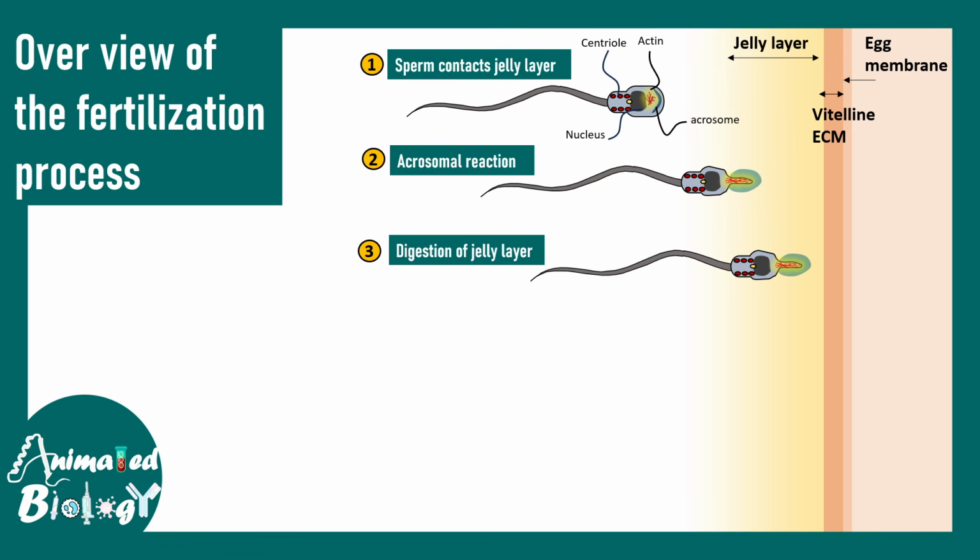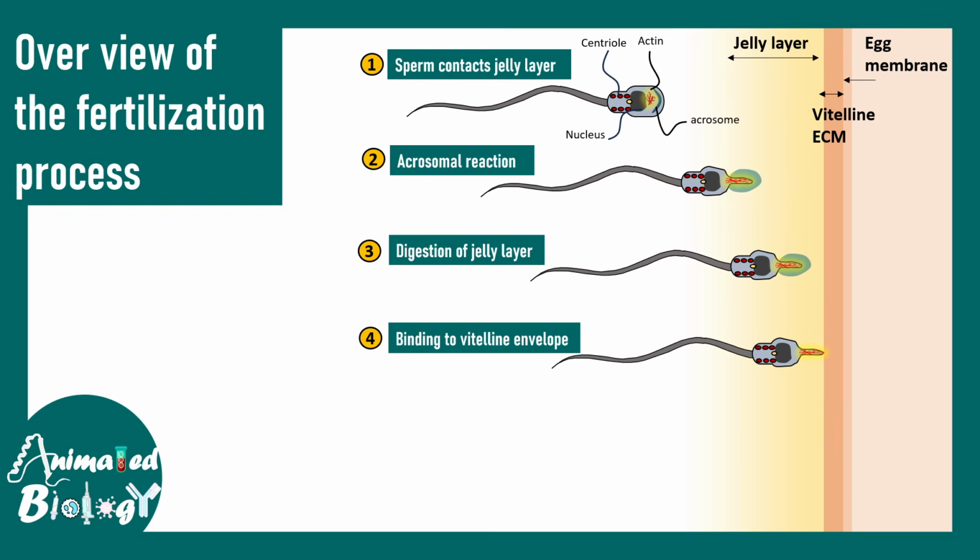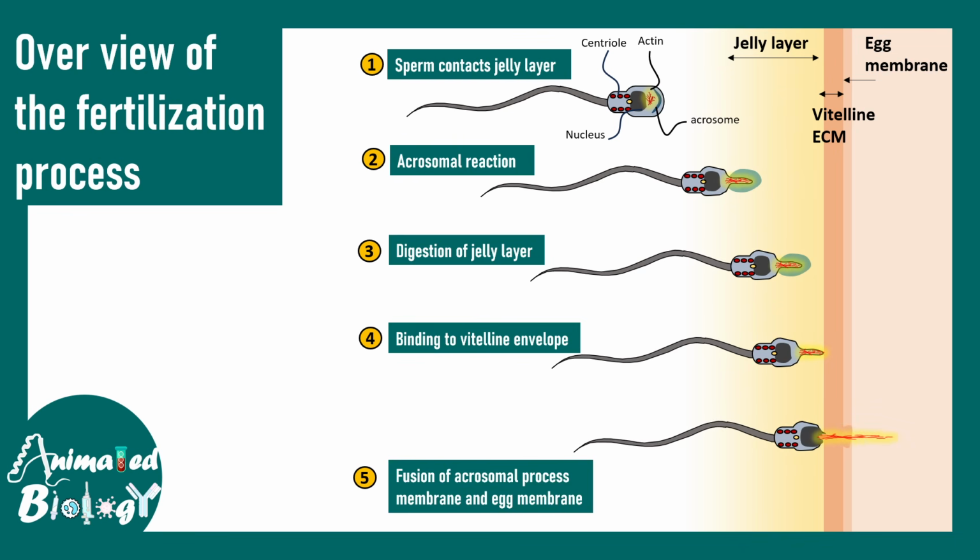Eventually the jelly-like layer is digested, and the sperm gets closer and closer. There would be binding of the sperm to the vitelline envelope. Then a receptor-based interaction triggers the membrane fusion of sperm and ovum, which leads to the nucleus getting inside the ovum.